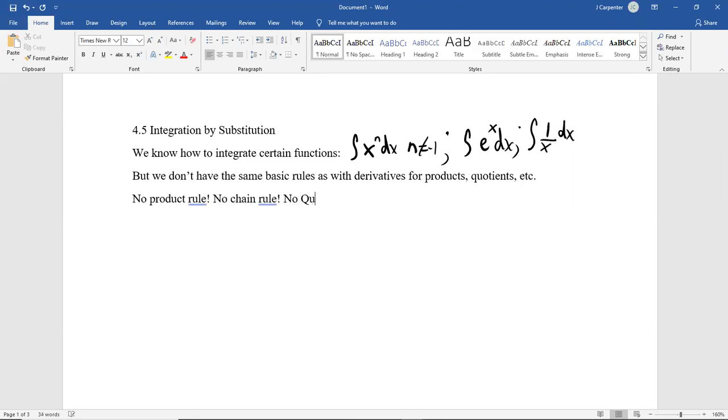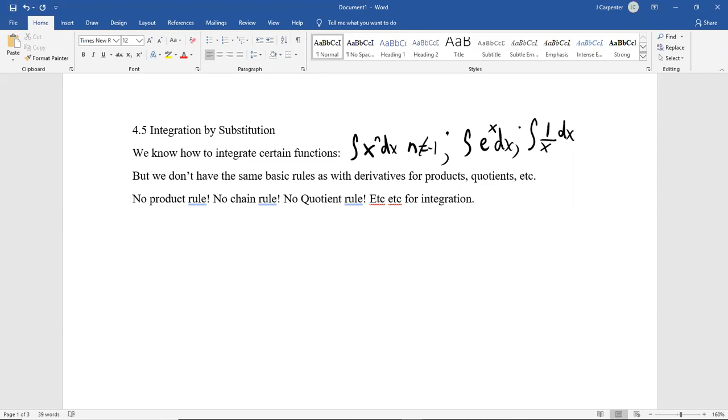There is no quotient rule. Etc., etc., for integration. You can take a derivative of pretty much anything. That's not true of integration, though.